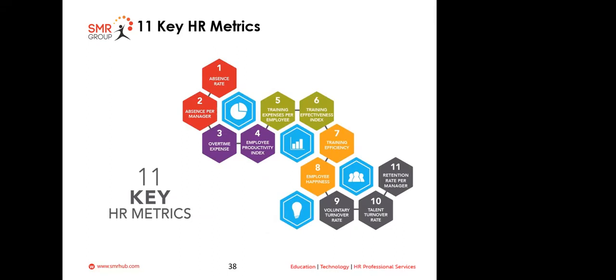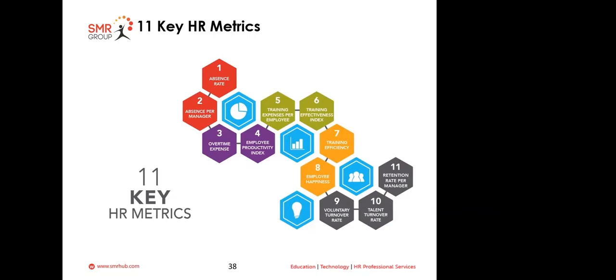If you look at this, we have absence rate, absence per manager, dealing with absenteeism. We have overtime expense, employee productivity index. We have training expenses per employee, training effectiveness index, training efficiency, employee happiness, employee voluntary turnover rate, talent turnover rate, and retention rate.